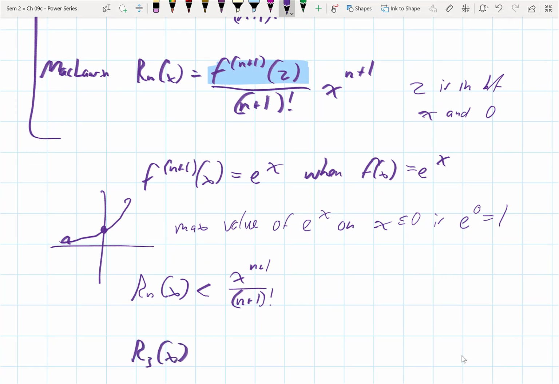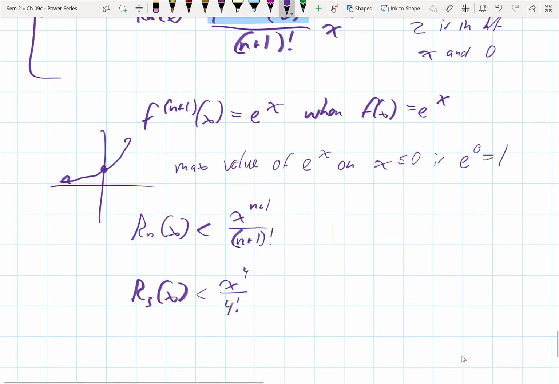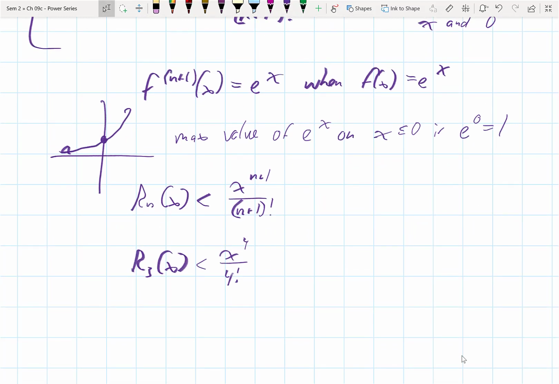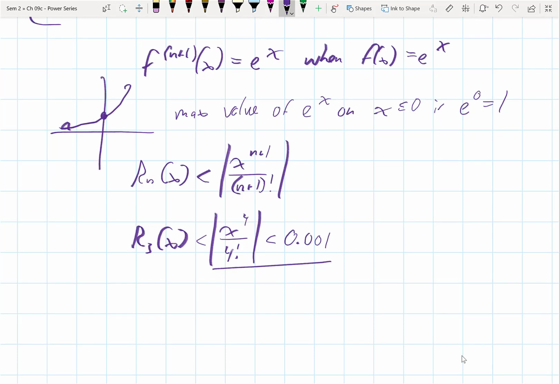R sub 3 of x is less than x to the 3 plus 1, fourth, over 4 factorial. I'm going to use the absolute value because my remainder is within an absolute value region. And I said that I want my remainder, my error, to be less than 0.001. So this is what we're going to solve.